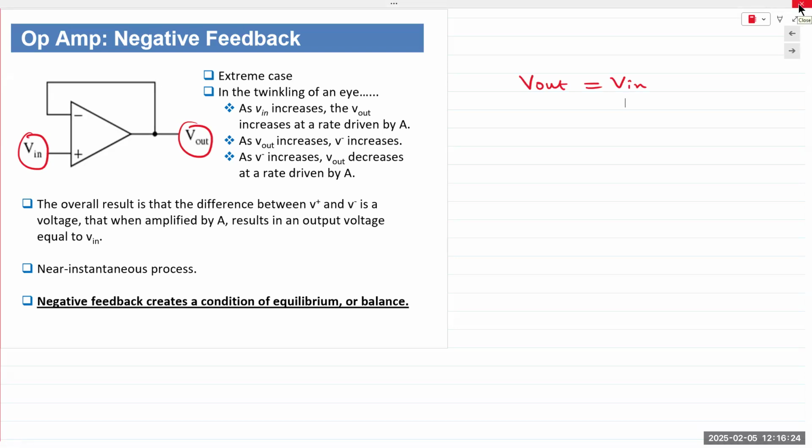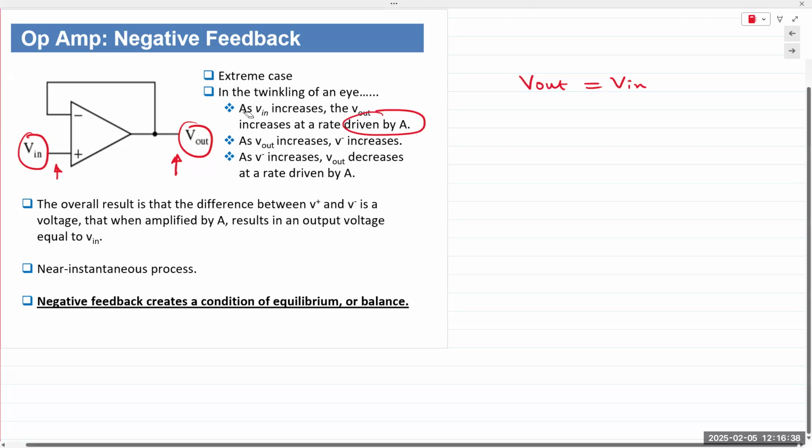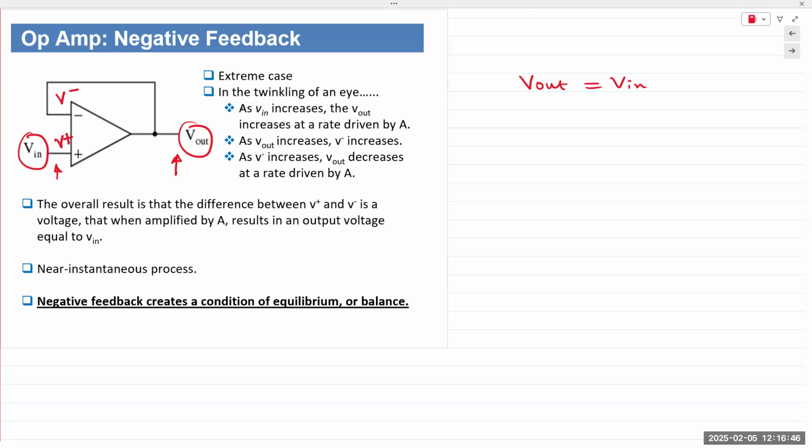So what happens is, as V in increases, V out should also increase by the gain amount, A. However, as V out increases, then V negative here also increases.